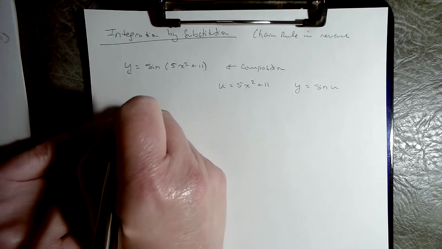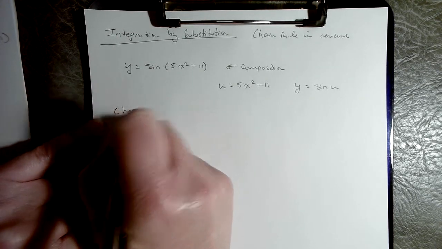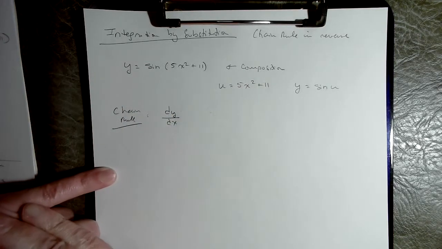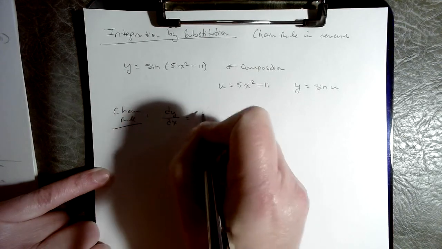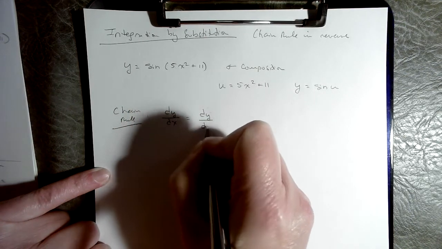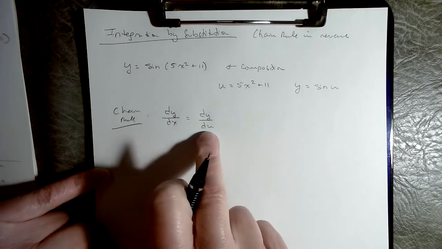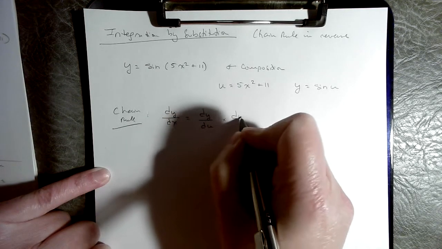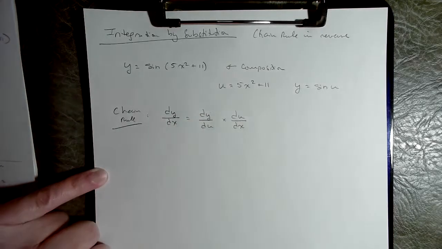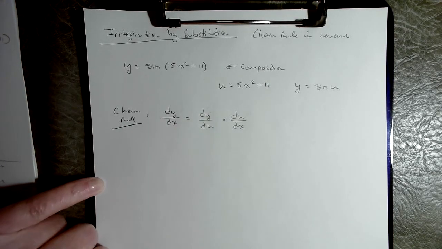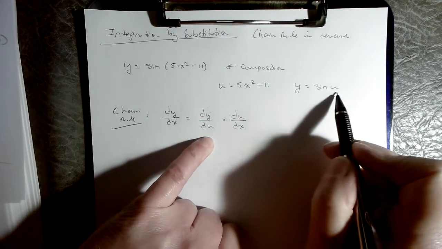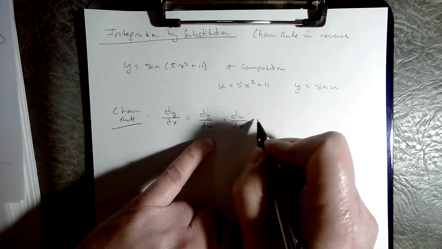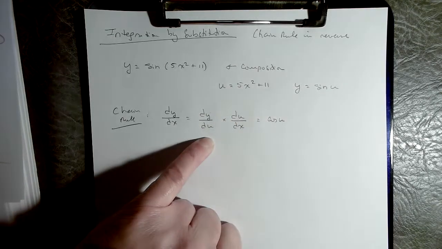Chain rule says, if you want to differentiate something with respect to x, but you've got composition going on, you differentiate with respect to the intermediate variable, and then you differentiate that intermediate variable with respect to x. So here, dy/du, that's a very clean thing to say. dy/du is going to be the cosine of u.